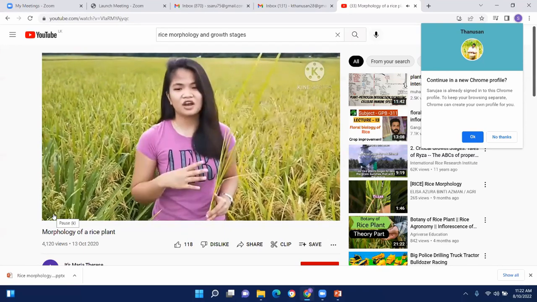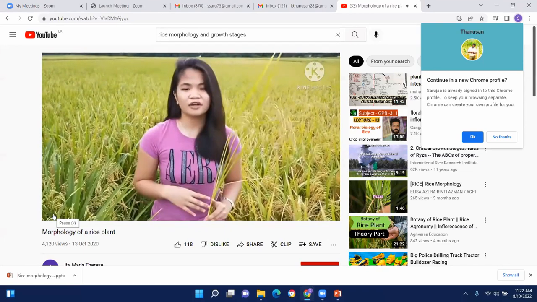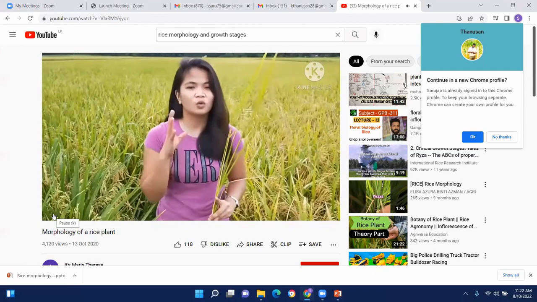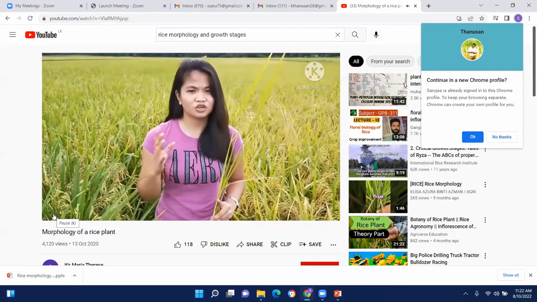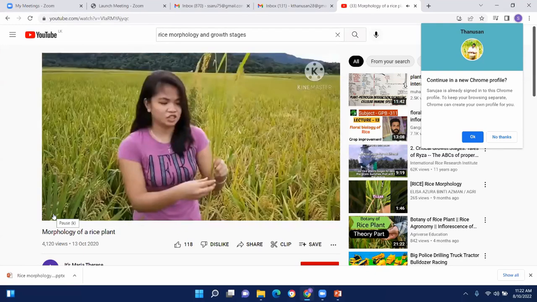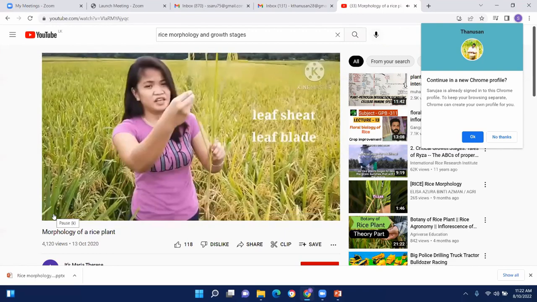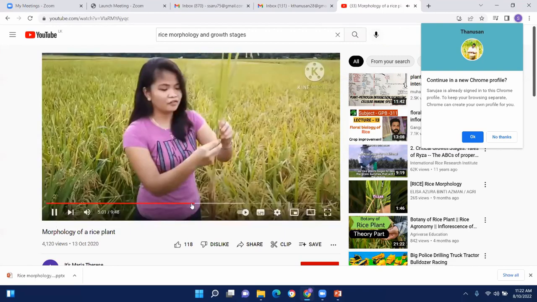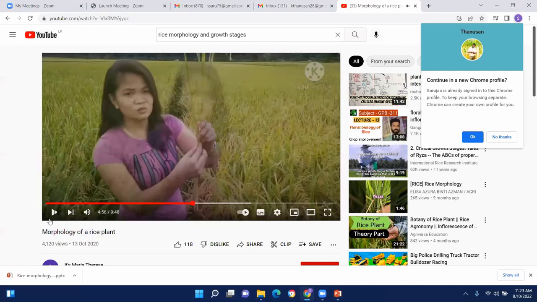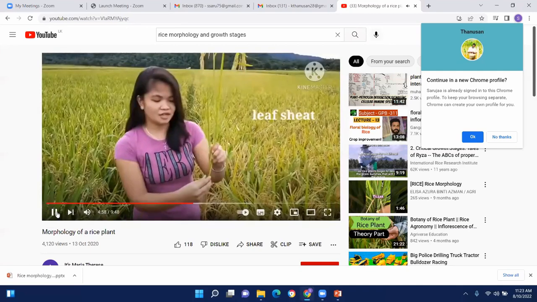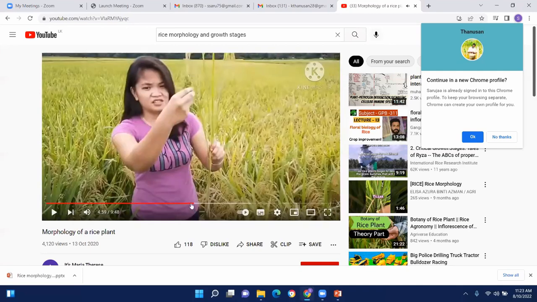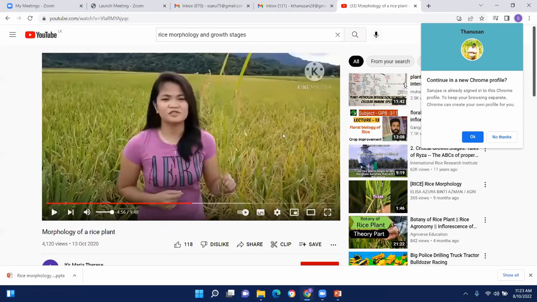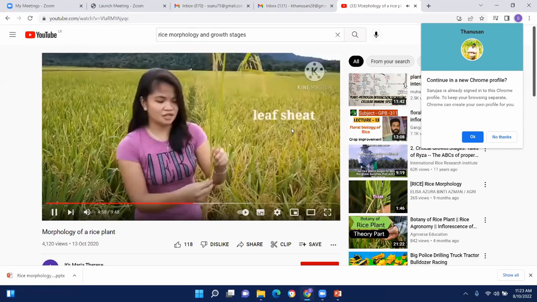The leaves are borne at an angle on the culm in two ranks, one on each node. These leaves contain the sheath and the blade.